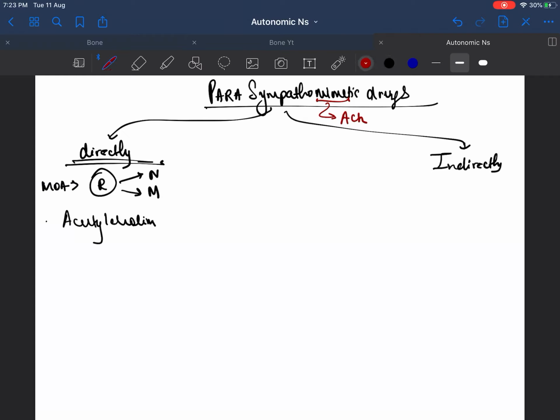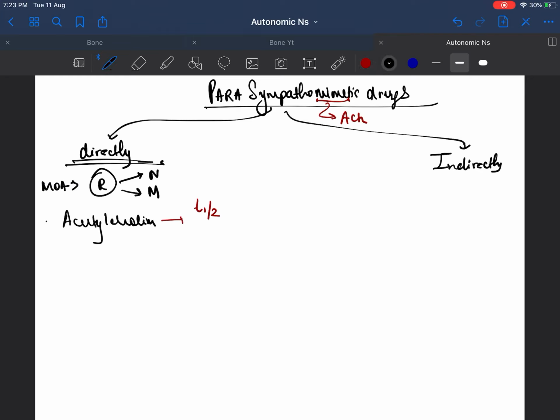Why is acetylcholine not used as a drug? We have discussed that it has a very short half-life because of the butyrylcholinesterases which break it down. Even when given by the IV route, in 10 to 12 seconds there will be no sufficient action that acetylcholine can do to your body. So it is not very useful therapeutically.